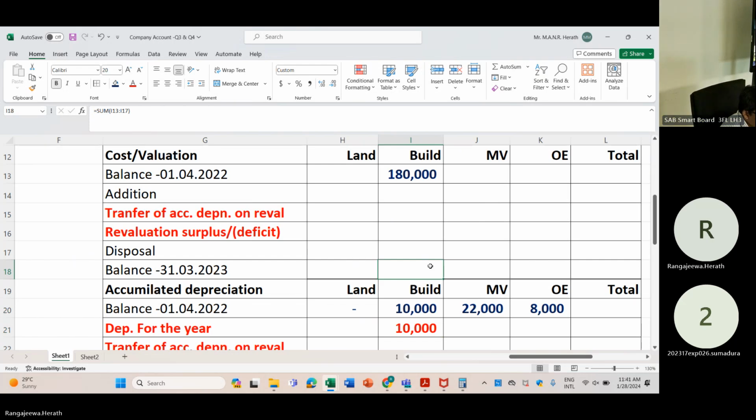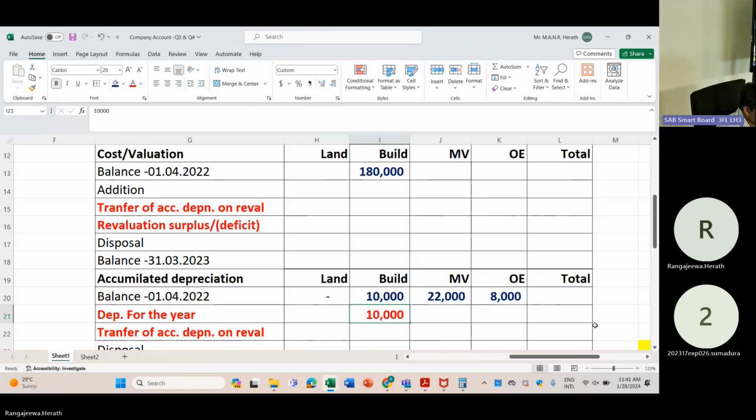Right. That was revalued two years ago, and last year 10,000 was depreciated, and this year 10,000 is depreciated. Then you are going to revalue this asset at the end of the year.